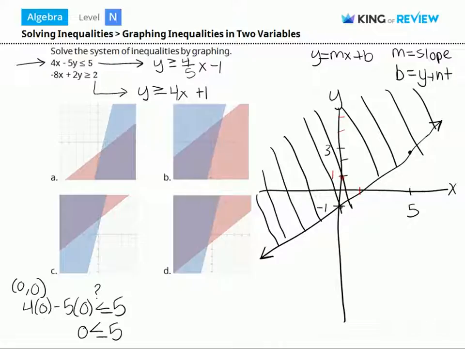So our point is around here. It's about here. And we have a greater than or equal to sign, so I'll use a solid line to plot.